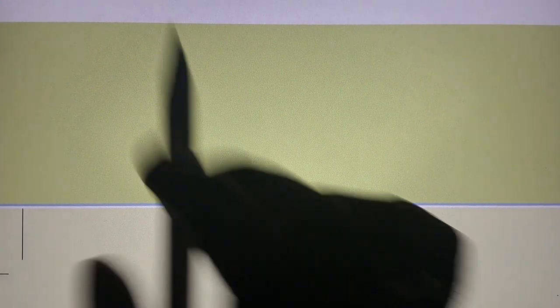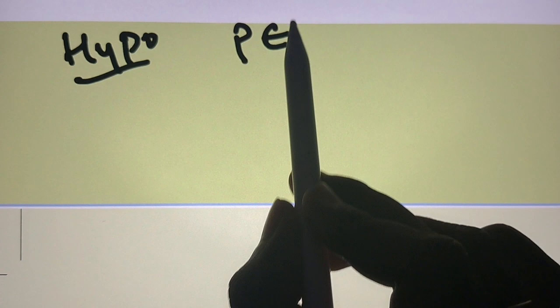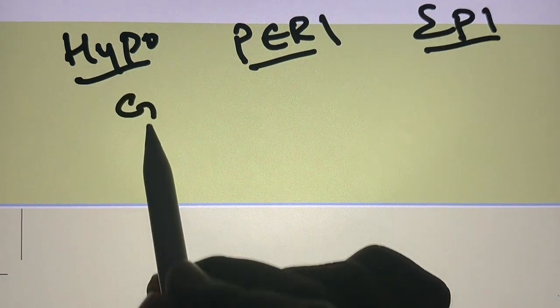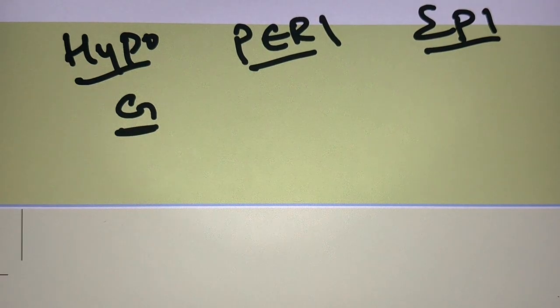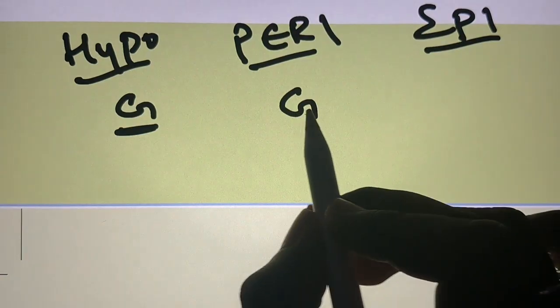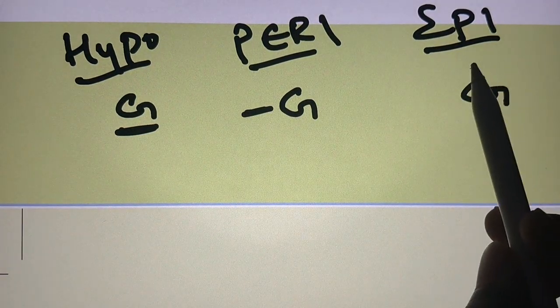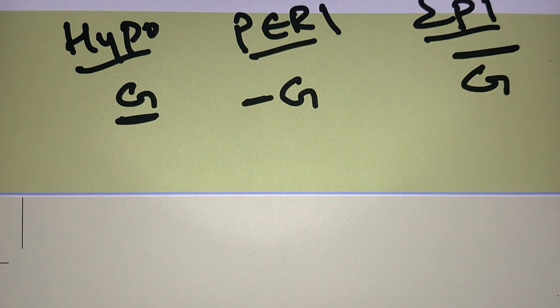Let's see the examples. Hypo, peri, epi. Here the gynoecium is superior. Here it is in the middle. Here it is completely enclosed. What are the examples of hypo?